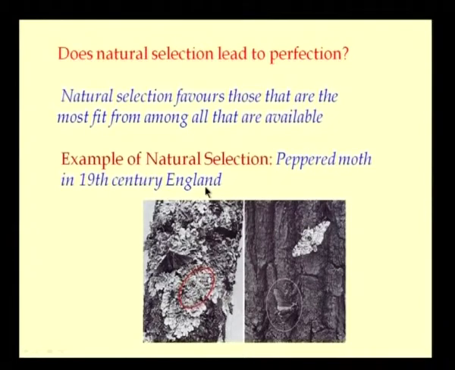This moth was in the industrial areas when industries were just beginning. These had very pale colored wings, but due to a lot of industrialization, industrial soot started getting on the barks of the trees.